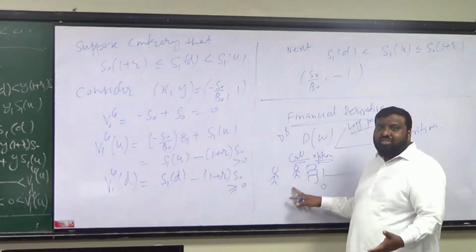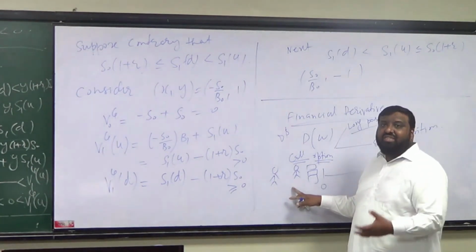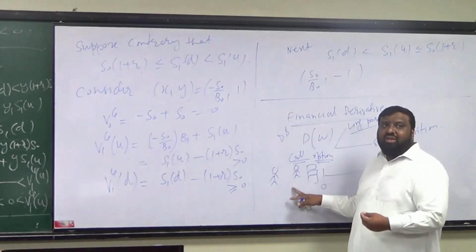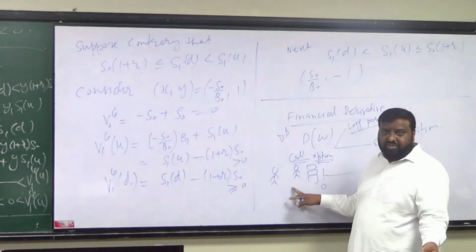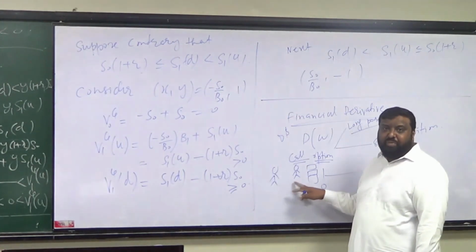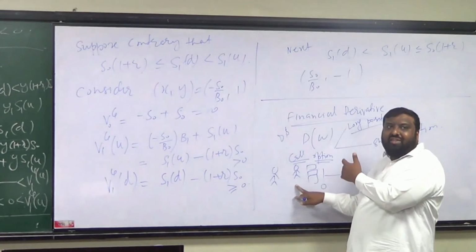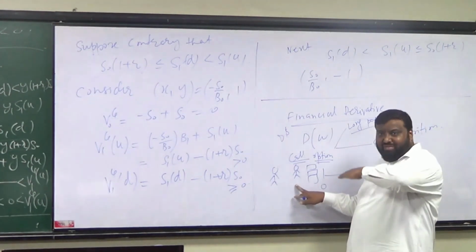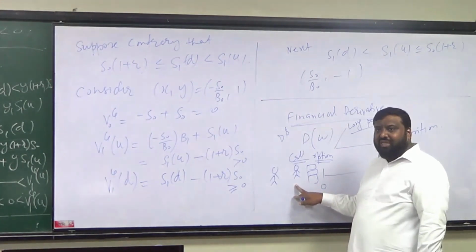Question is how much he must charge. And that is going to be what we call the price of the option or the premium of the option. Because that money that he is going to get as a premium is going to help him to meet the worst case scenarios and minimize the risk. Are you getting the point?